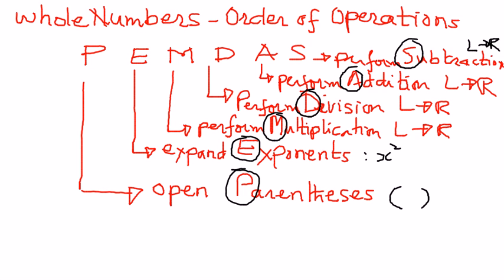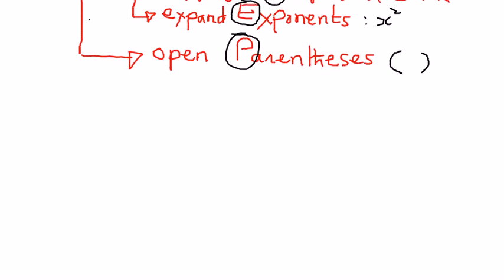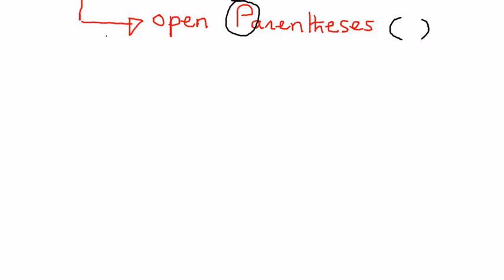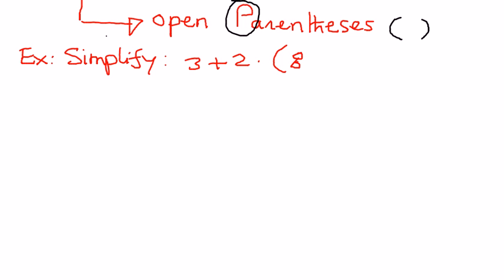So let's take a simple example and try to understand how to use this PEMDAS process to simplify some of these equations. Let's say we want to simplify 3 plus 2 times open parenthesis 8 plus 3 raised to the power of 2, close parenthesis.